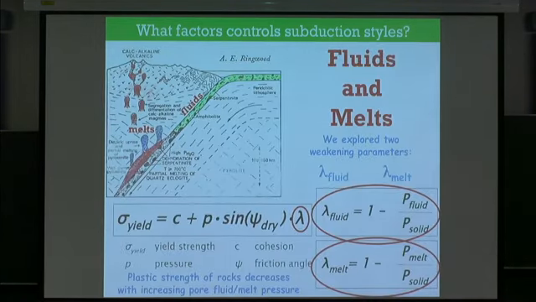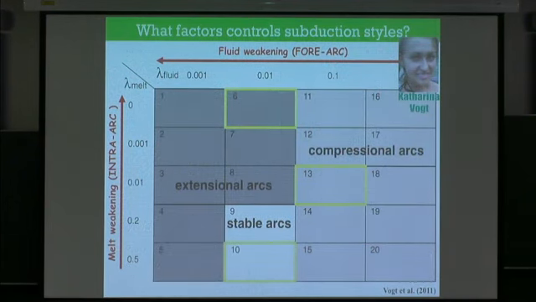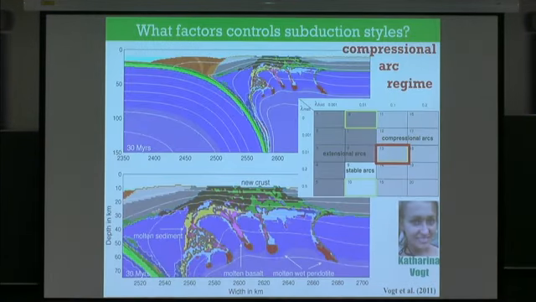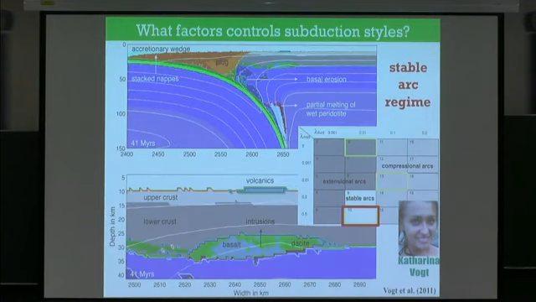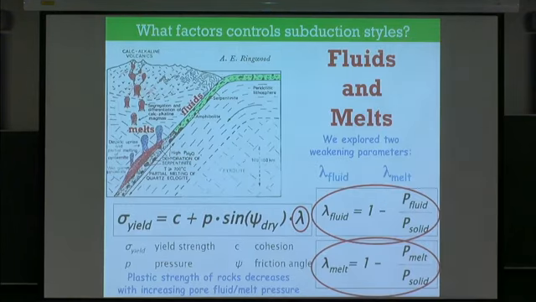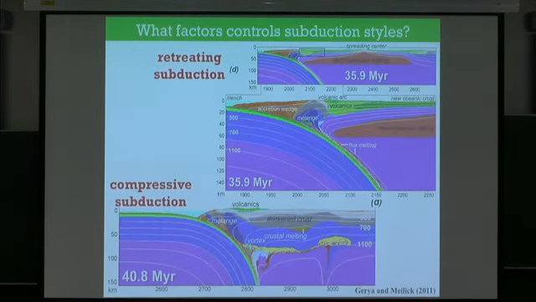Subduction styles. And here I will just tell you the final result. If we play with magmatism-induced weakening and fluid-induced weakening, we have as much change in the style of subduction as we would think only possible because of plate motion dynamics or plate buoyancy changes and so on.